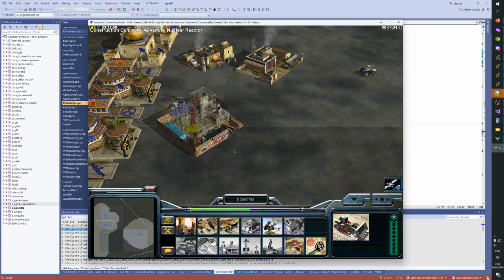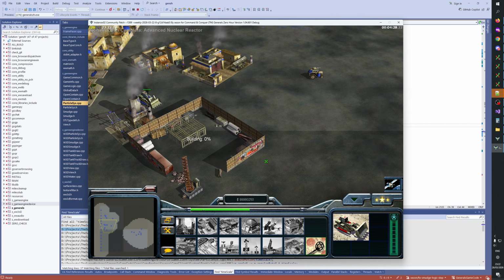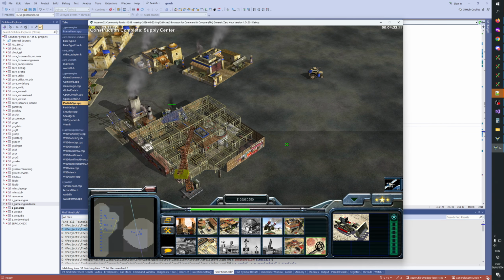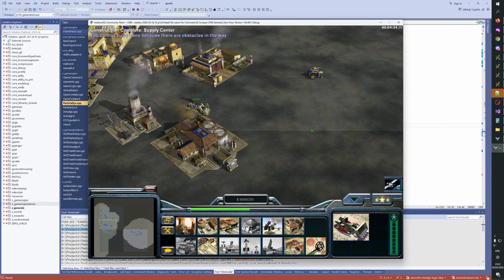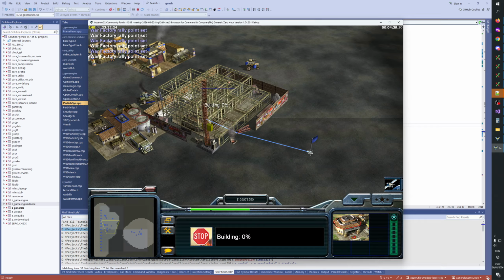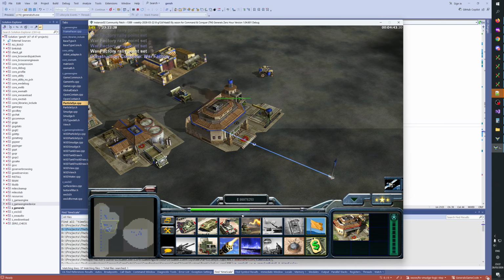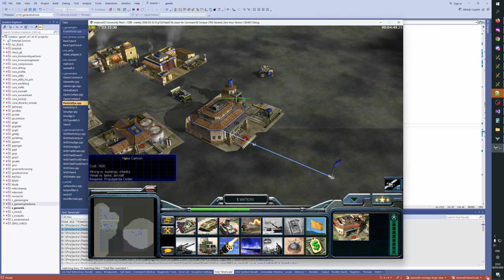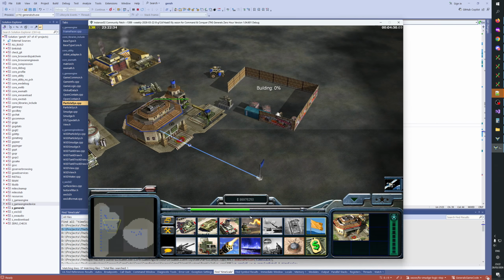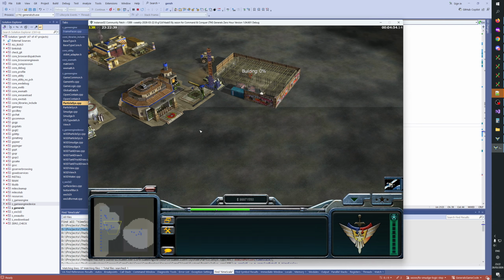Oh, those are so slow. Okay, let's get. We can't. Oh, we need a propaganda. Let's get the dragon tank and all the others.